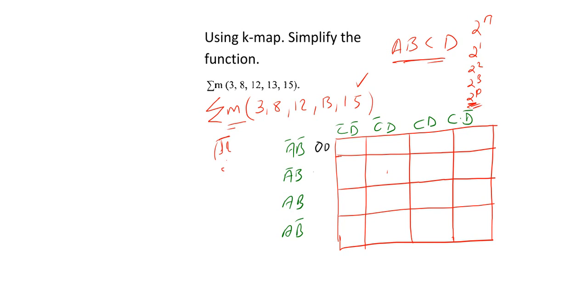Here A is 0 and B is 1. Both are 1 here, and here A is 1 and B is 0. Negative means 0. Then on the upper side we have 0 0, then 0 and D is 1, then 1 1, and 1 0. So that is how to label.